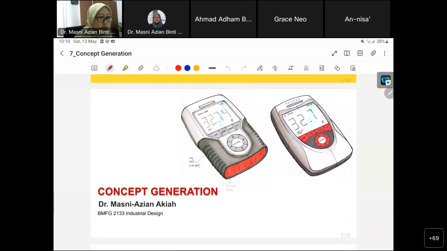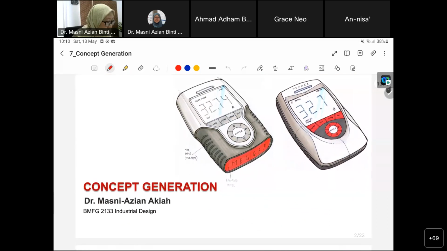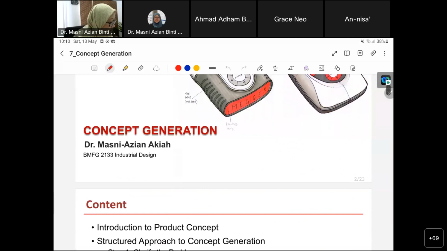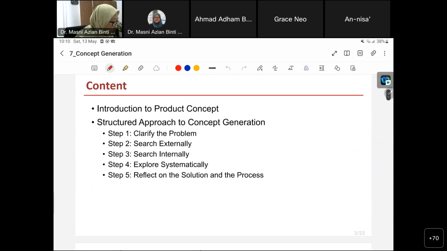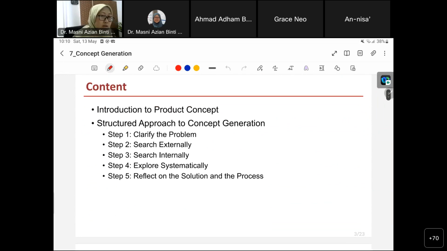Okay, so concept generation is more likely about generating multiple product concepts. It can be any idea, just as long as the idea fulfills what the user wants or what the user needs. In order to do that, the approach is quite subjective if you generate the design concept on your own.